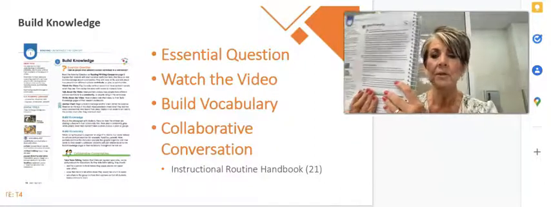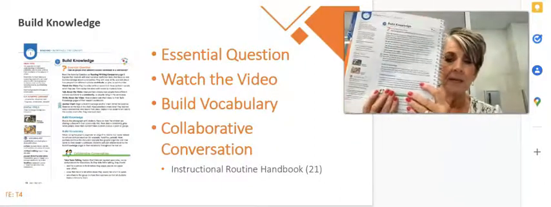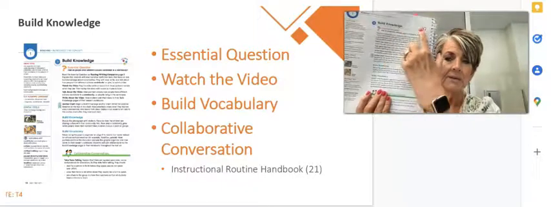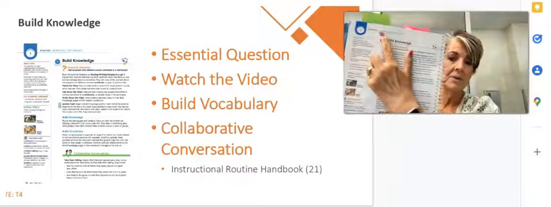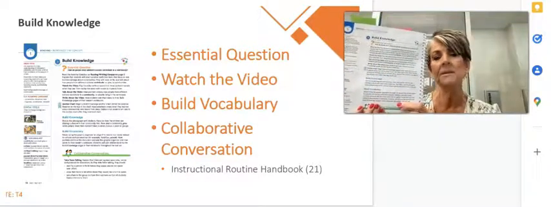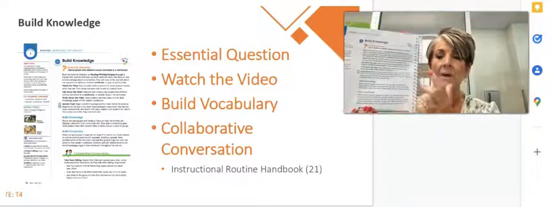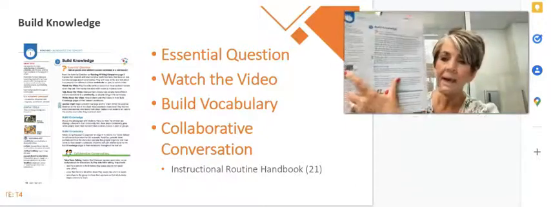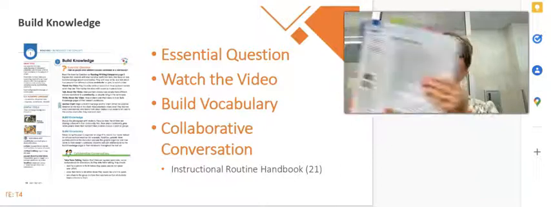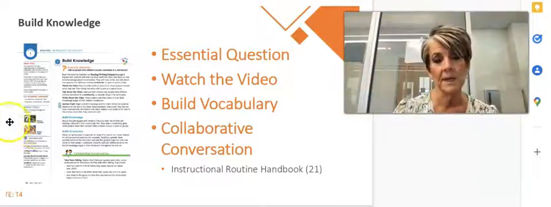So I want you to go ahead and pause the video right here and look here under the Build Knowledge piece in the Lesson 1. And as you look at that, you'll be planning these pieces here marked in orange. What is the essential question? Think about that. Will you decide to have your students watch the video, which is also on the page right here?